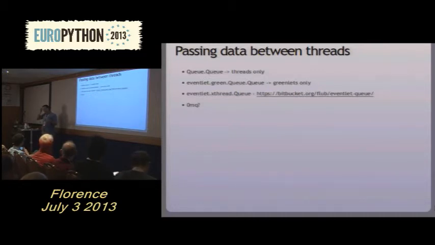The issue with that is that when you use the queue module, it works fine between two real threads. But if you've got one or both of those threads that have an Eventlet hub running in them, the queue module implementation actually under the hood uses a lock, and eventually it's a lock implementation provided by the OS.